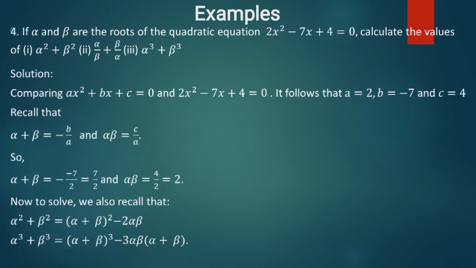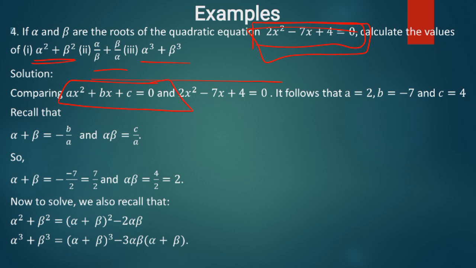Okay, so we're trying to solve this particular problem. It says if alpha and beta are the roots of this quadratic equation, calculate the value of alpha squared plus beta squared, alpha over beta plus beta over alpha, and alpha cubed plus beta cubed. So all you need to do is compare this given quadratic equation with the standard form you know it to be.